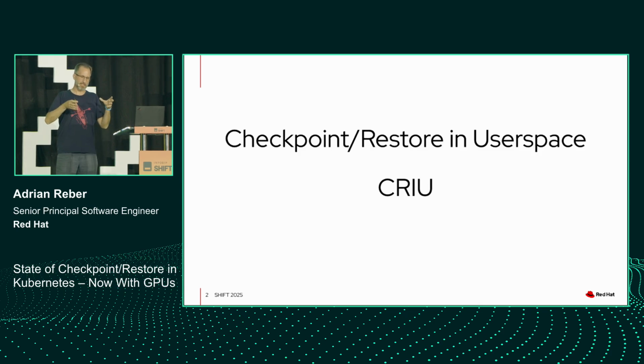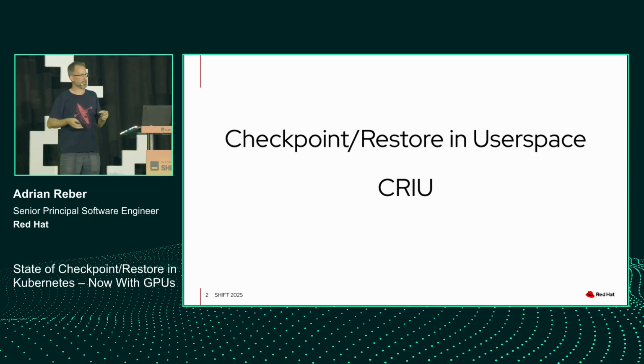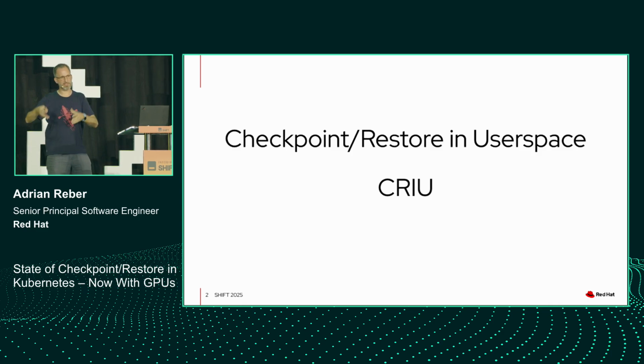So it existed, it worked, but it was never merged by the Linux kernel community. And then, because that approach was in kernel space, the next approach people tried was in user space, checkpoint restore in user space, CRIU. So that's why we have the name, because of the history of previous approaches.